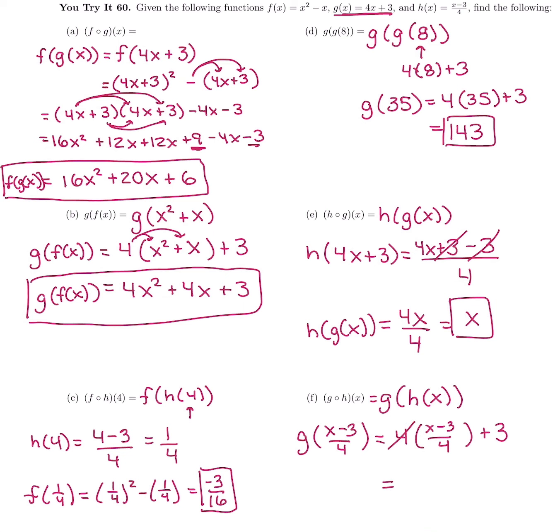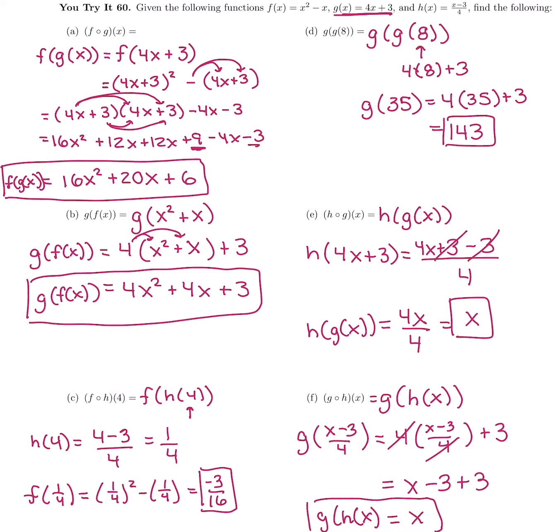I can cancel out 4 divided by 4. I'm going to get x minus 3 plus 3. And now I can cancel out those 3's, and g of h of x also ends up being x.